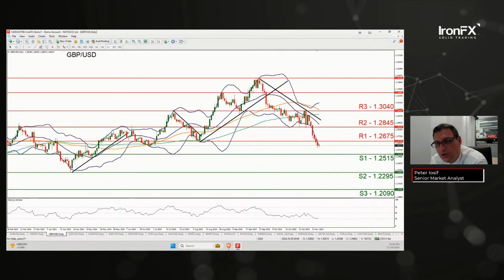That's an issue. BOE Governor Bailey last week had made such comments pointing towards, in my opinion, an EU GBP Brexit deal and a possible improvement in the trading relationships between the two. So that's another issue. But overall, for the time being, all of that was not convincing.